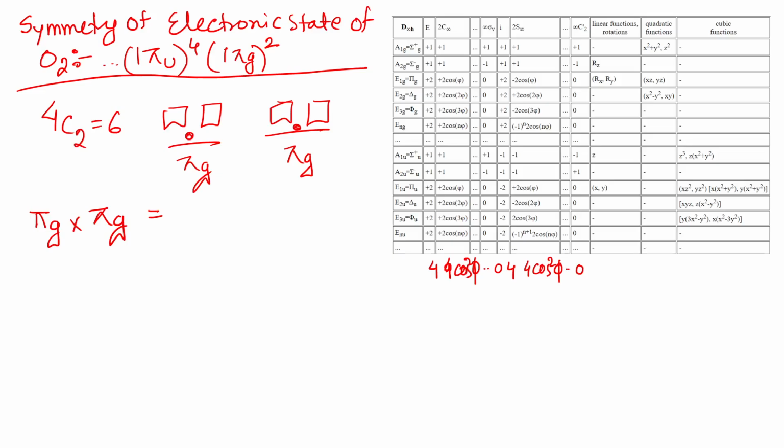So this must be a reducible representation which will contain some irreducible representations, and we need to figure them out.